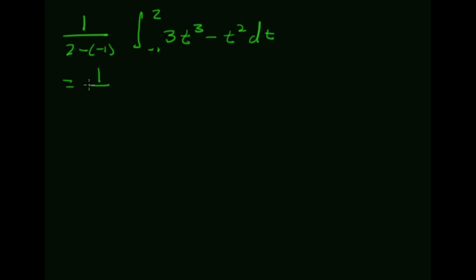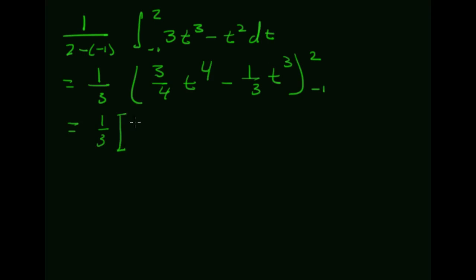So this is going to be a third times 3/4 t to the fourth minus a third t cubed from negative 1 to 2. We'll leave the third outside.